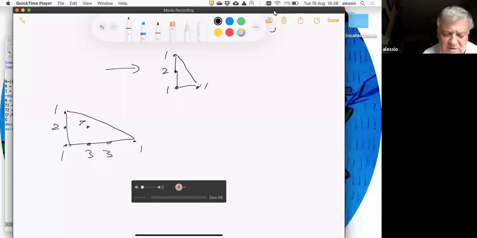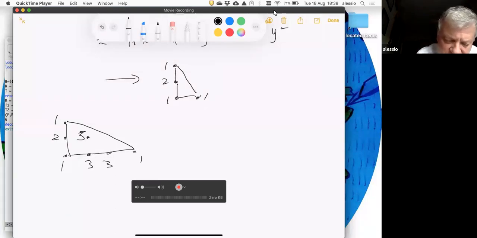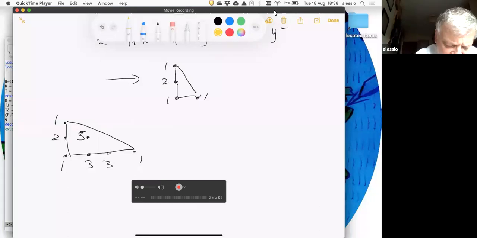And now I'm going to choose a different phi, one that puts this vertical line here at level phi equals minus 2, this one at phi equals minus 1, this one at phi equals 0, and this one here at phi equals 1.